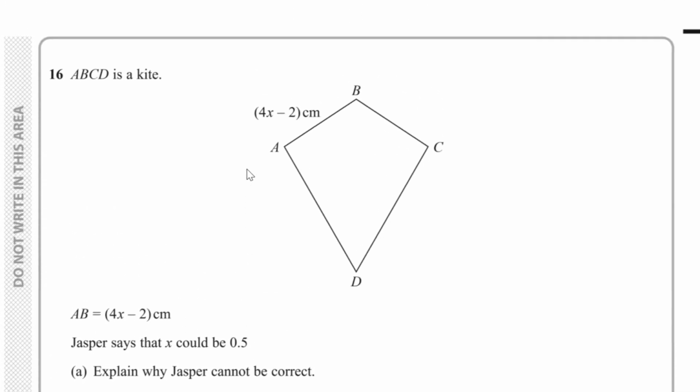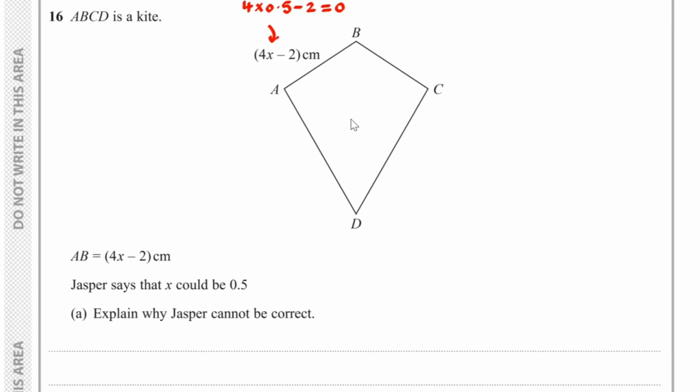Well, if x is 0.5, then 4 times 0.5 subtract 2 is the same as 2 subtract 2, which is 0.